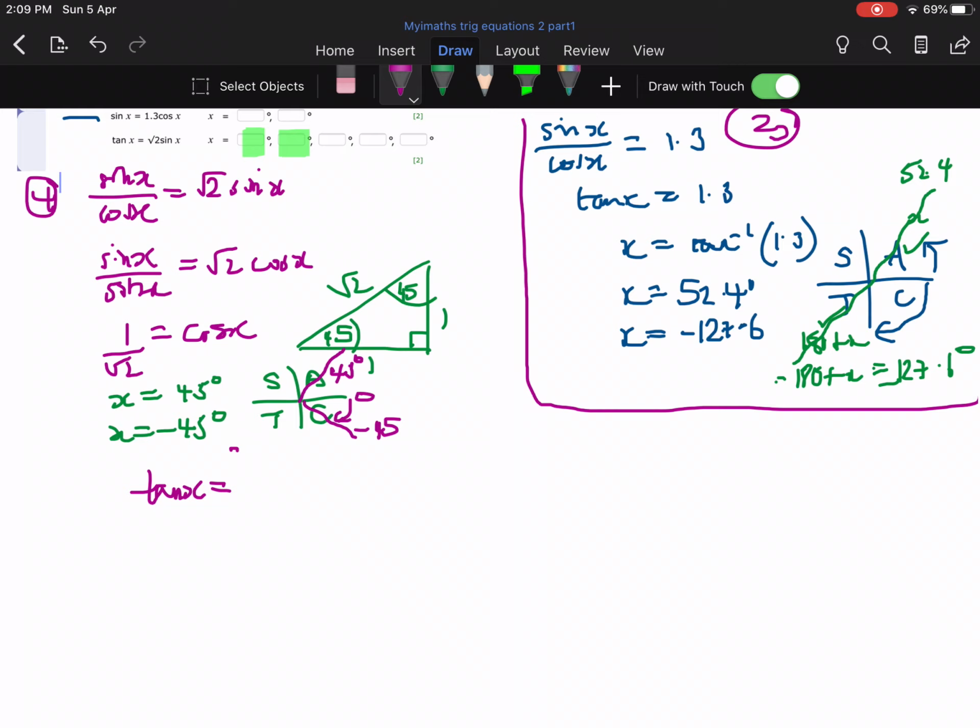tan x equals root 2 sine x, well, if you draw the sine graph, you know that it goes up, down and back up.